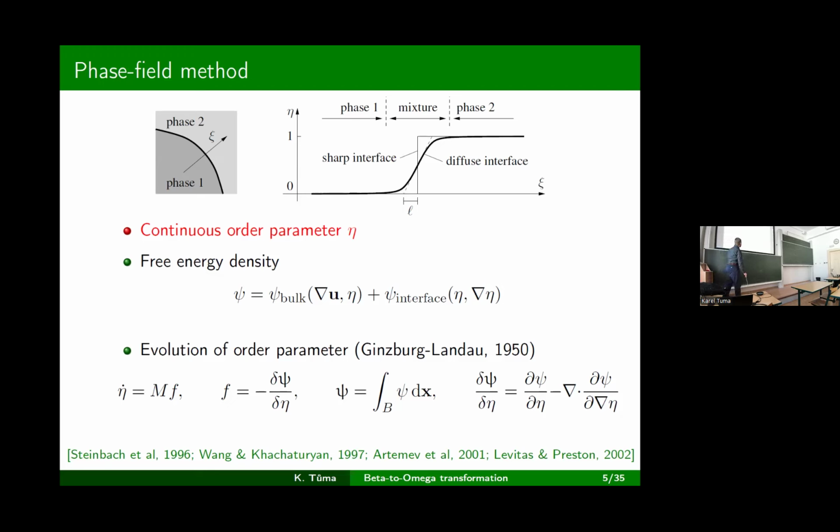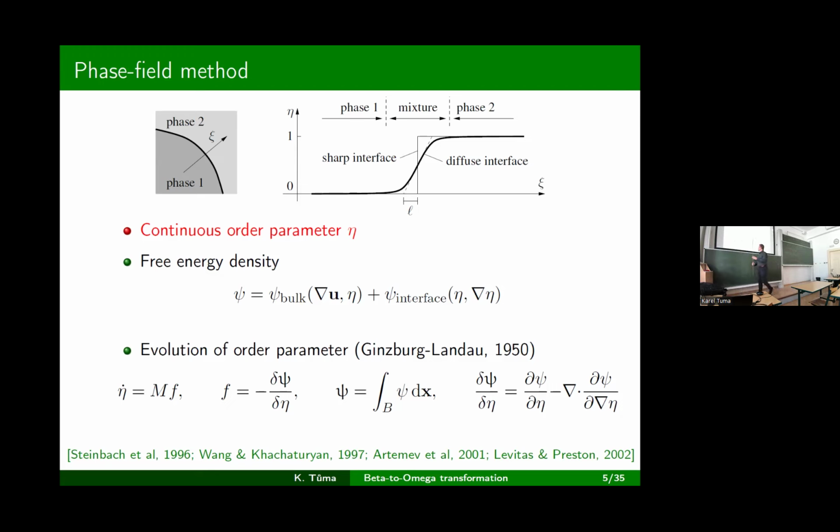Typically, in the phase field method, we prescribe the free energy density, which consists of two parts: the interface energy density that says how the material stores the energy in the diffuse interface, and the bulk part, which is typically responsible for the elastic energy and chemical energy. But in this talk, I will mainly speak just of the interface energy, and the aim of the model is really to prevent the contact of two omega particles.